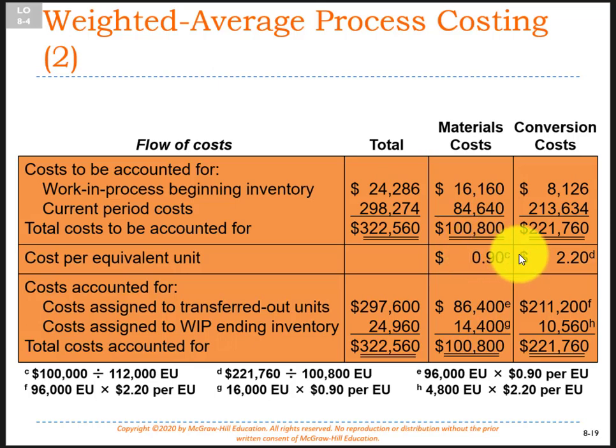We calculate the cost per equivalent unit. We calculate the cost transferred out, the cost in ending inventory. All right? It's just an organized, systematic way to do it in an Excel spreadsheet to go through the 5 steps. Once you put your formulas in for each thing, the next month and the next month and the next month will become relatively easy to do.